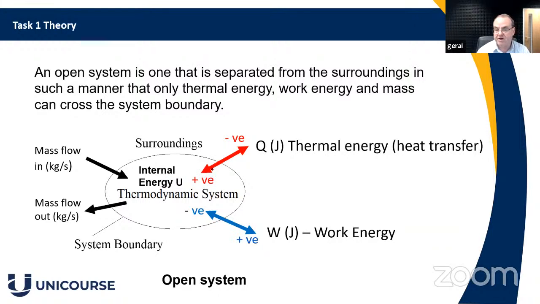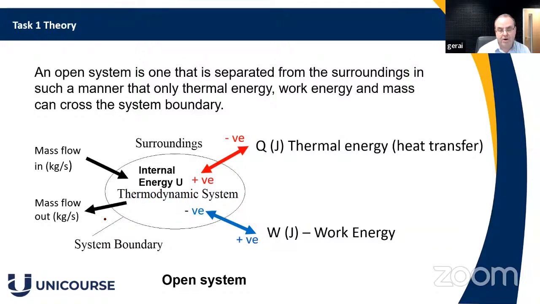Again, we can have heat going across that system boundary, thermal energy, and we can have work energy going across the system boundary. But this time, in an open system, we have a mass flow that can cross the system boundary. And mass flow can go in either direction.